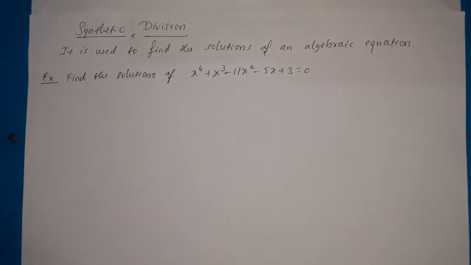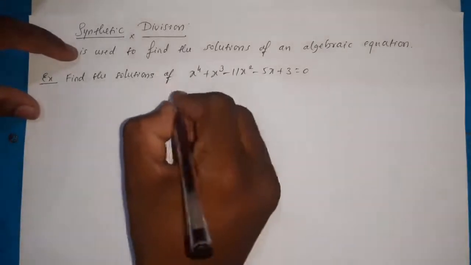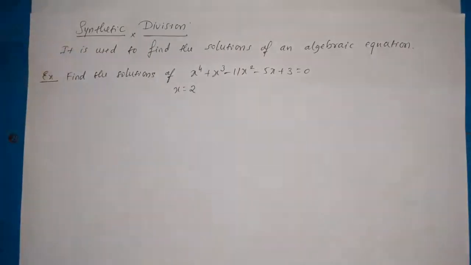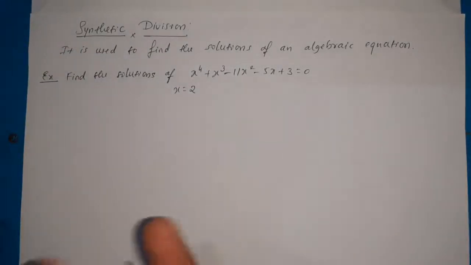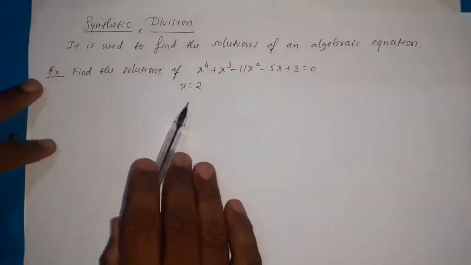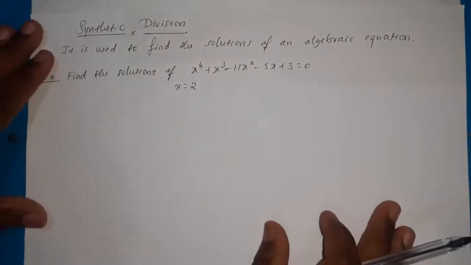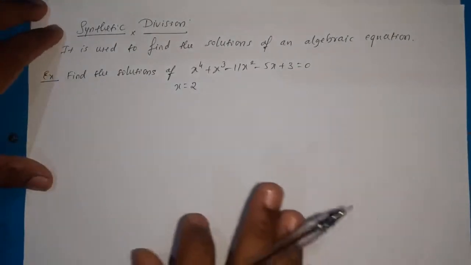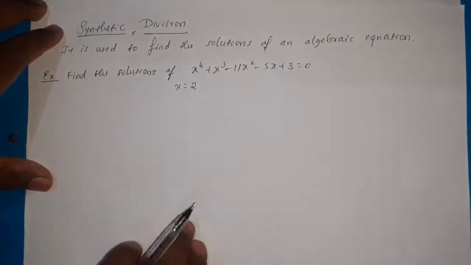So here by trial and error method, let us put directly x equal to 2. You can verify by putting any other values, either x equal to 0, 1, 2, 3, 4 like that. Here the equation is satisfied for x equal to 2. So therefore this is the first root of the equation.